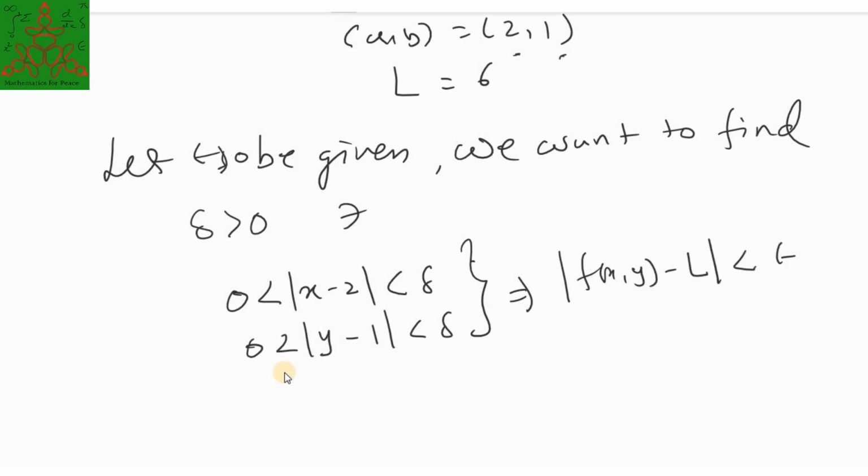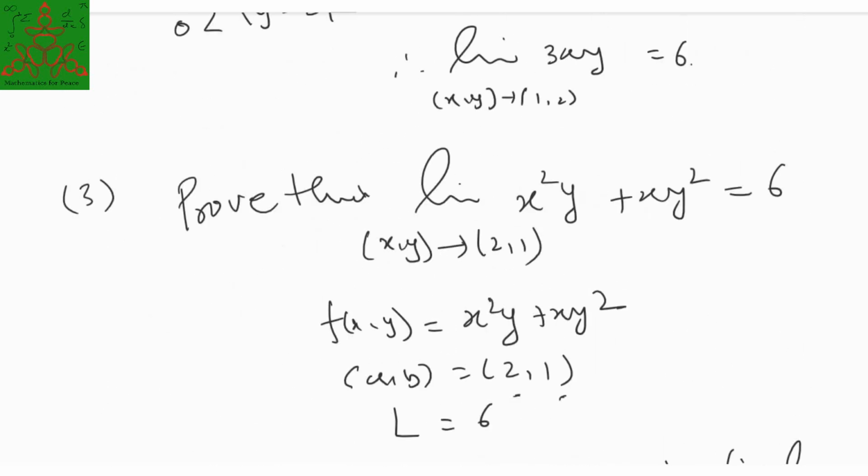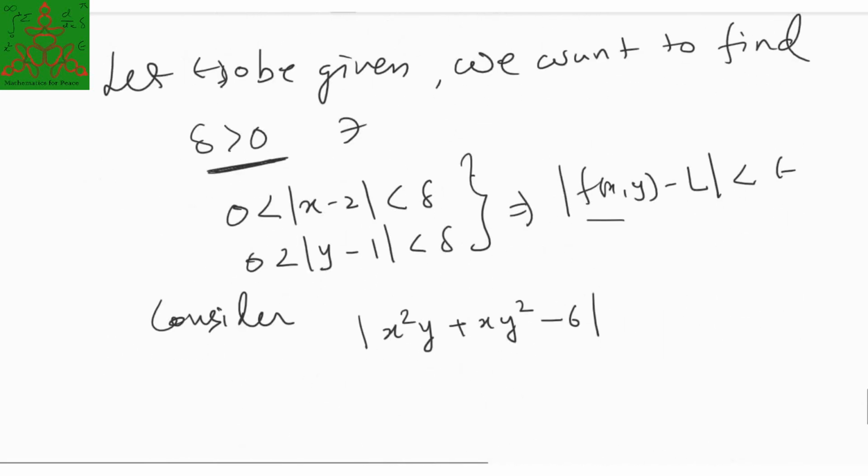So again you are calculating delta. Consider in the same manner mod of x square y plus xy square minus 6, because your L is 6, and this is your function f of xy, that is x square y plus xy square. Now, the same technique as above will be used here.